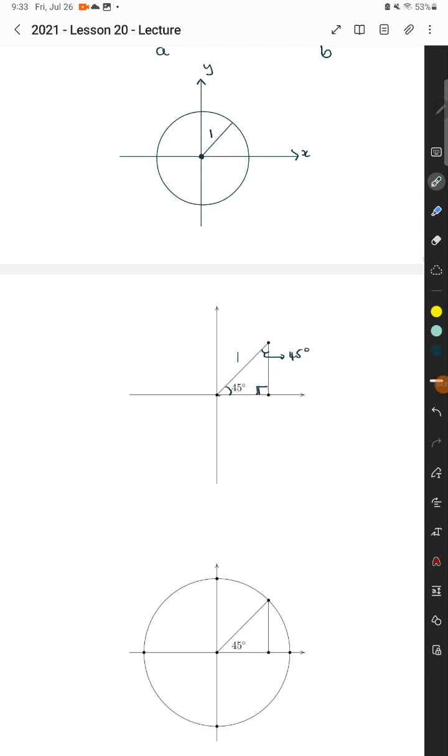Then we will have that the sine of 45 degrees is equal, like we said, to opposite over hypotenuse, which happens to be 1 over here. In other words, our opposite is equal to sine 45 degrees.